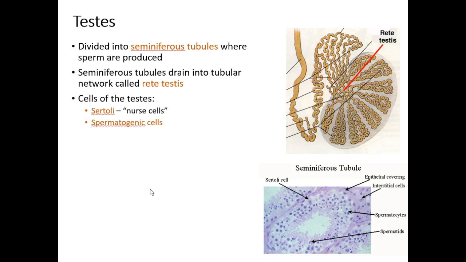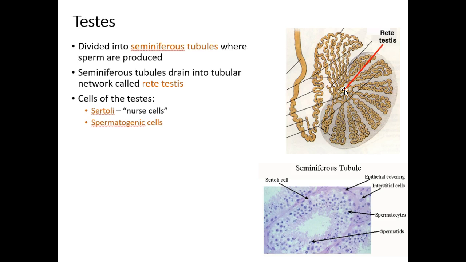The males have testes, and how we break the testes down is that we start out with small tubules that break normal cells down and halve their genetic complement.